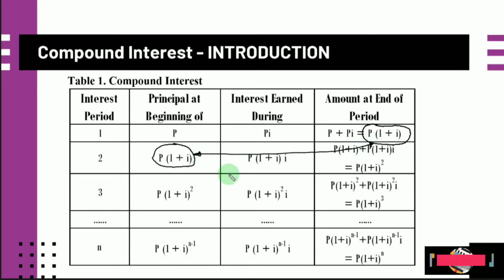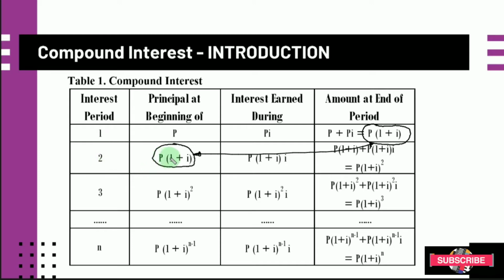Okay, so this amount at the end of the period is the future amount of the interest period of 1 year, but this future amount of your 1-year interest period becomes the principal of your second interest period, in the second year.